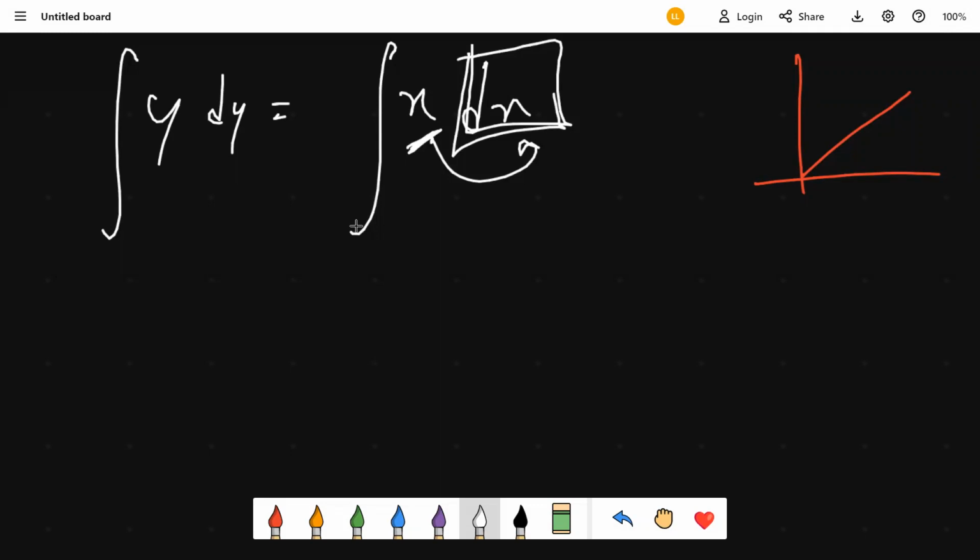Now, for the general formula of how integration works, we need to know certain formulas.